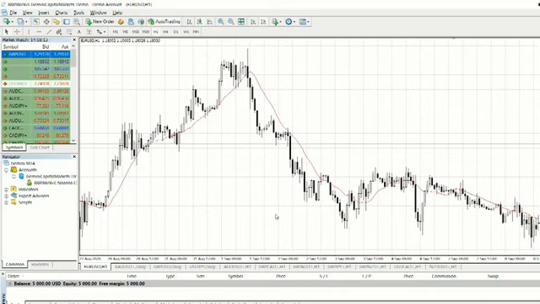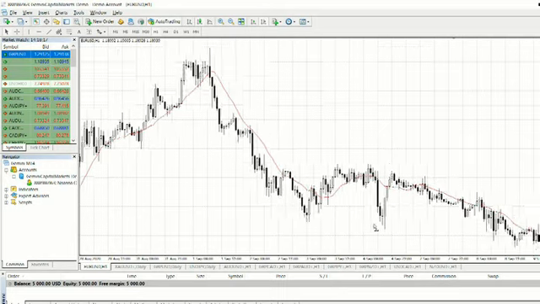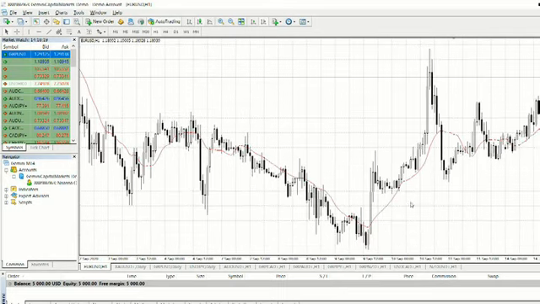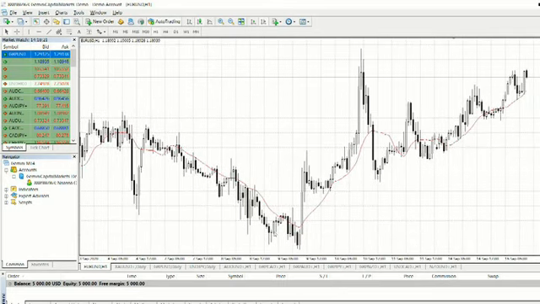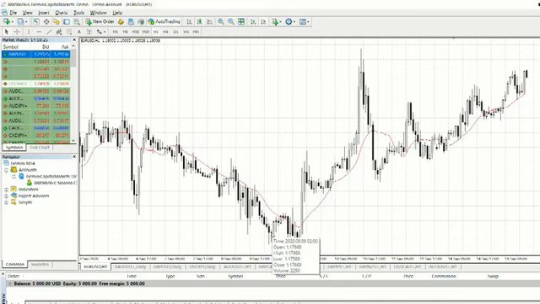If it's a bullish hammer, it has to have a long tail at the bottom, and the body of the hammer can be either bullish or bearish. It doesn't really matter. You can even see in this case that it's almost as if there is no body, as if it opened and closed at the same price. So you want a long tail, a small body, which can be bullish or bearish, and a very small head or tail at the top, if any.